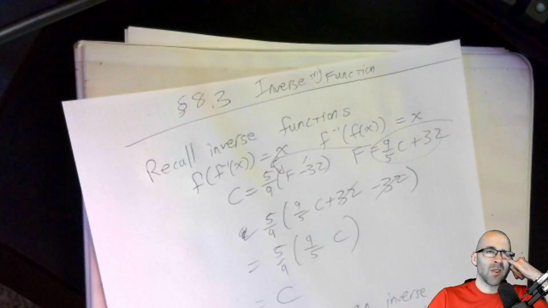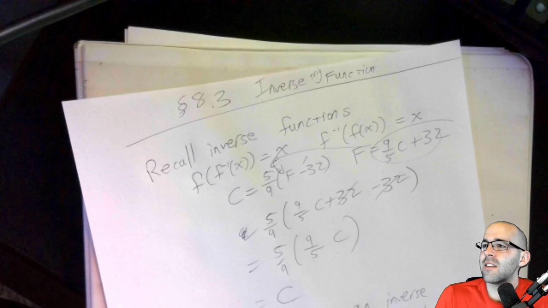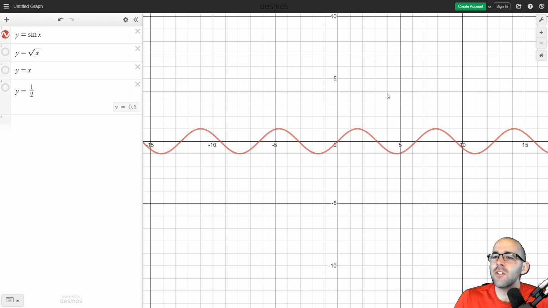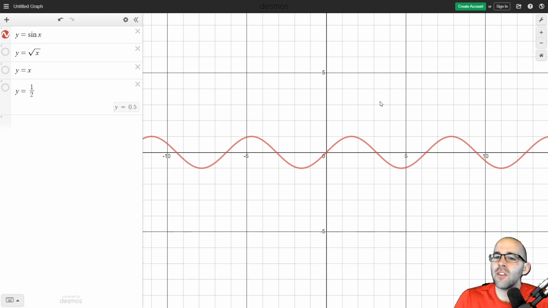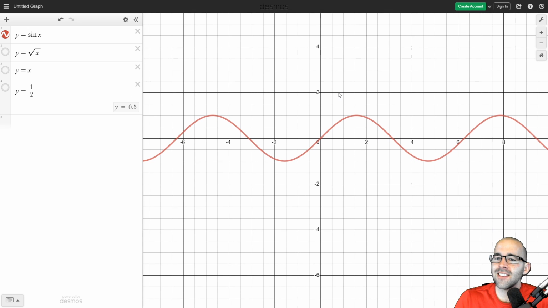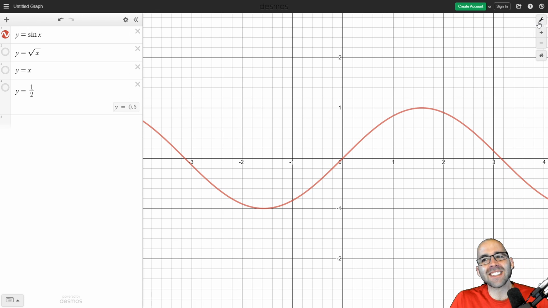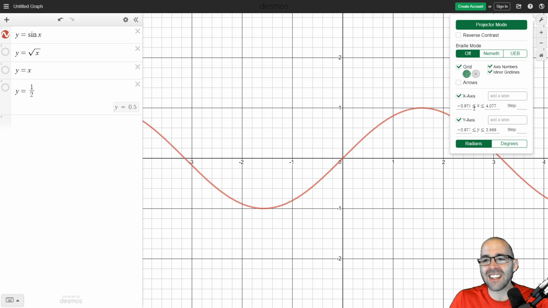Just like x squared, what are we going to do? We're going to restrict the domain. We want to restrict the domain until we pass the horizontal line test. We're still failing the horizontal line test. We're still failing.